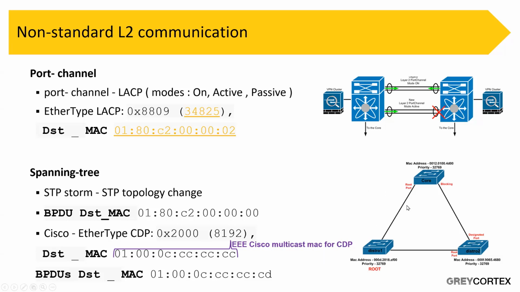For that reason, if you have this kind of redundant solution, you need a protocol which prevents broadcast storms from starting. The protocol to use for that is spanning tree, and we also have MAC addresses that we can use for spanning tree. These MAC addresses end in CD at the end, which means it is assigned for the STP protocol.